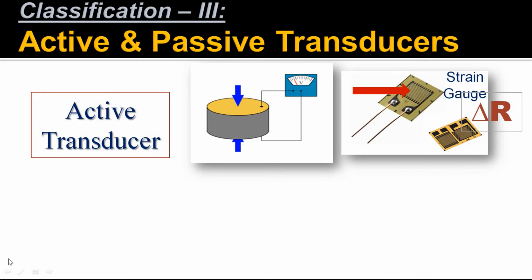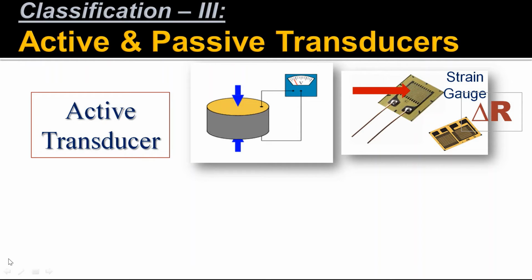The next classification is of active and passive transducers. Active transducers do not need any external source of power for their operation. Therefore, they are also called self-generating type transducers. In other words, active transducers operate under the given energy conversion principle.